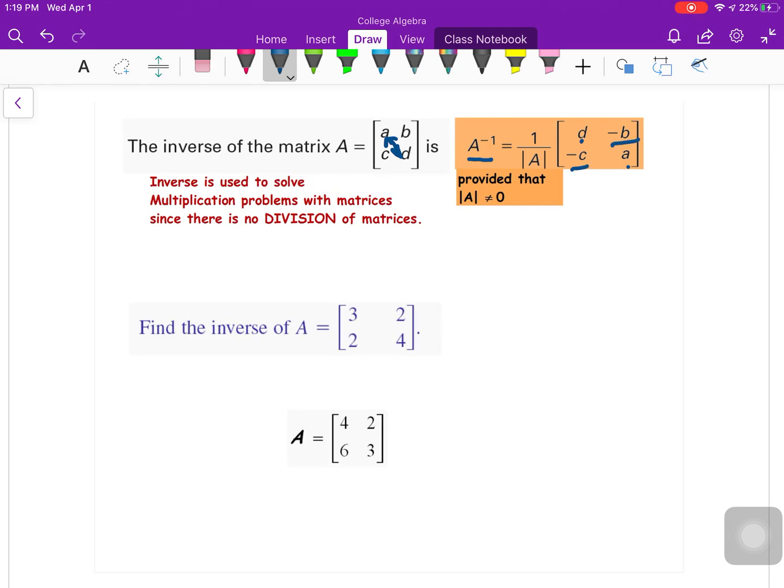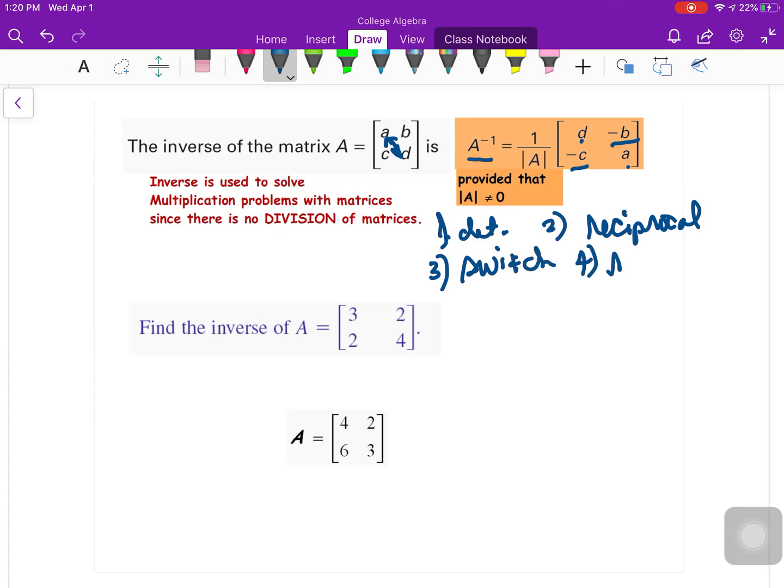We negate the second diagonal. So it is: first, find the determinant. Second, reciprocal that. Third, switch. Fourth, negate. And last of all, multiply by your scalar.